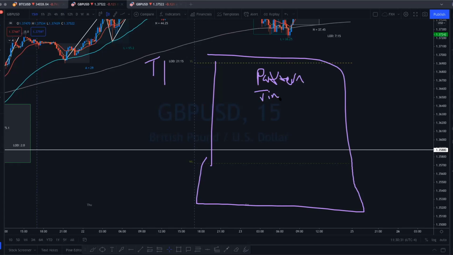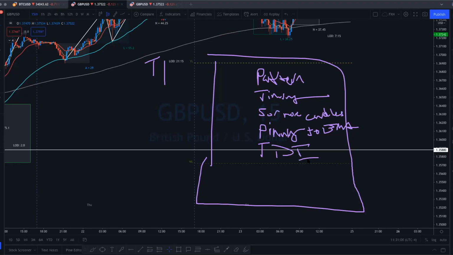The timing. Those two things have to be in place. And then you can look for how many candles, so 5 or more candles. What else? Is it bouncing off, or is it pinning, I should say, to an EMA? Do you have good confirmation on the TDI, which we'll talk about next?